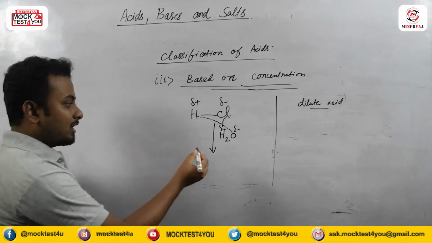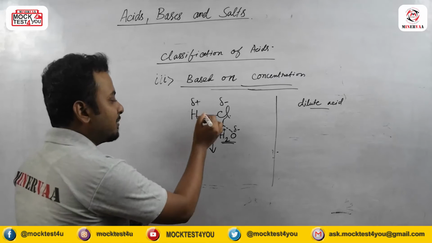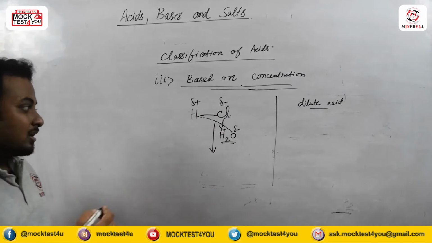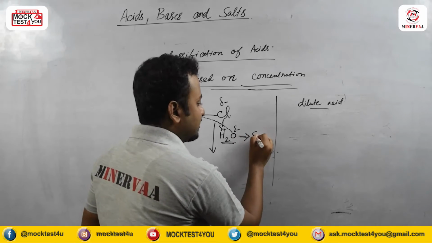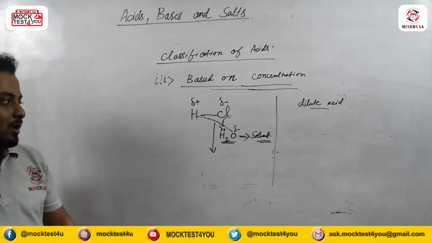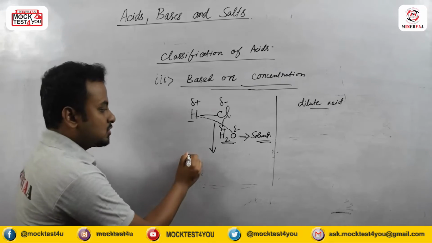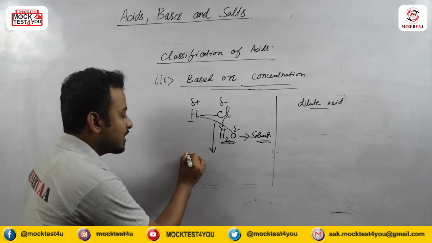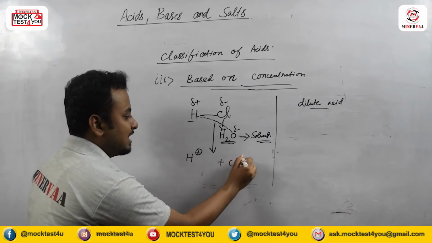So what this water will do is help to separate both these ions, H plus and Cl minus. Water is a solvent here. So actually water is helping to dissociate HCl into H plus and Cl minus.